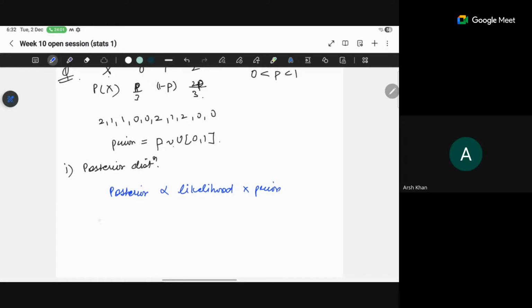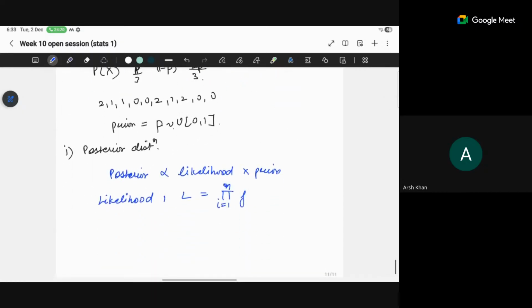Okay. So now the first thing is the likelihood. We are addressing it as L. L is basically the product, with i going from 1 to n, of the PDF or, you can say, the probabilities. So it is basically the probabilities here.